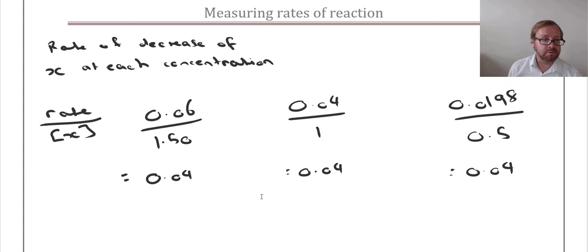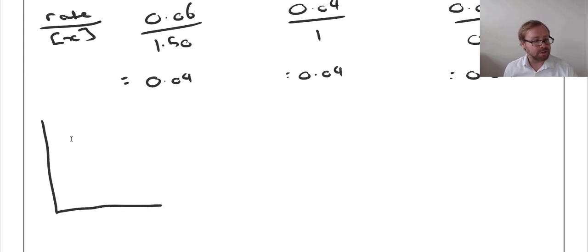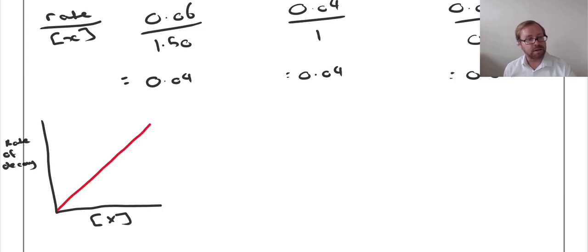And I can plot this as a graph as well. So again, I'm going to do a quick sketch of a graph. Hopefully you'll be using a ruler. So this would be my rate of decay. This would be my concentration of X. And if I plot this graph, I find that I get a straight line. So why is this important?